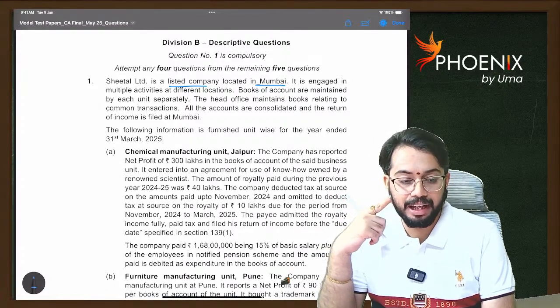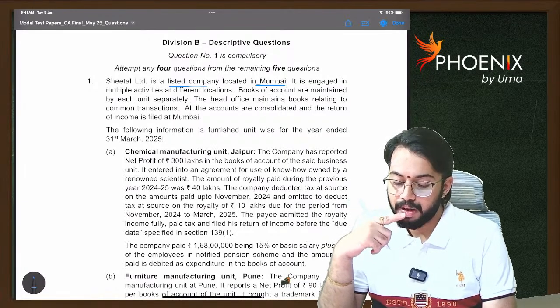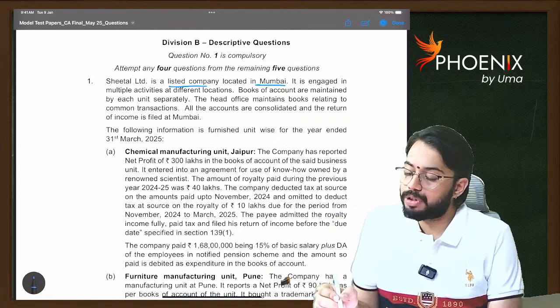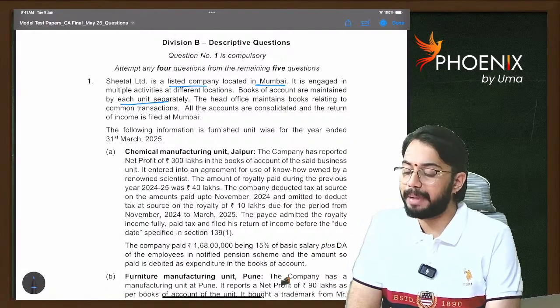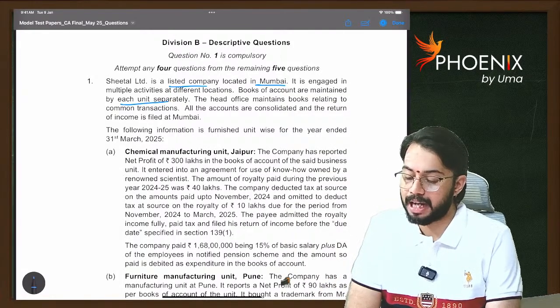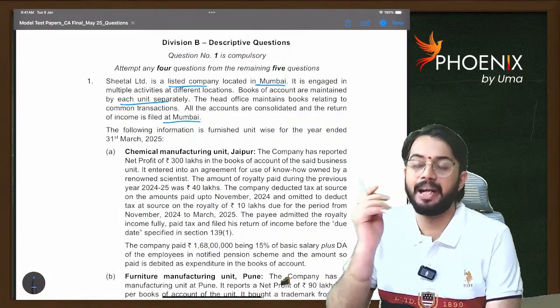Books of accounts are maintained by each unit separately. Head office maintains books relating to common transactions. All accounts are consolidated and return of income is filed at Mumbai.